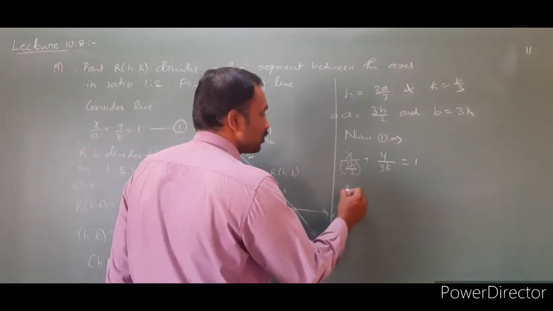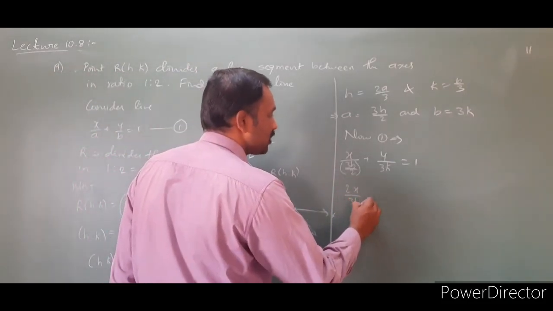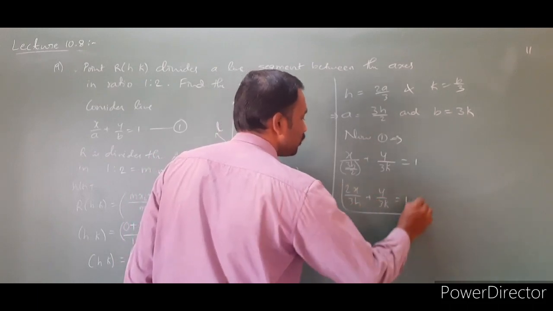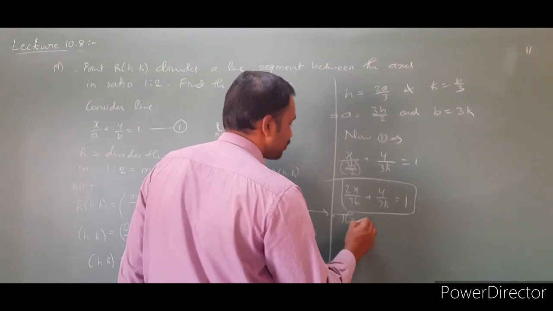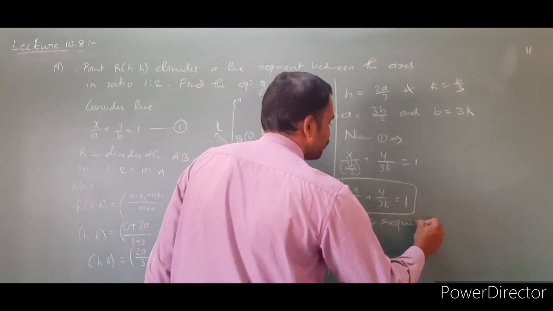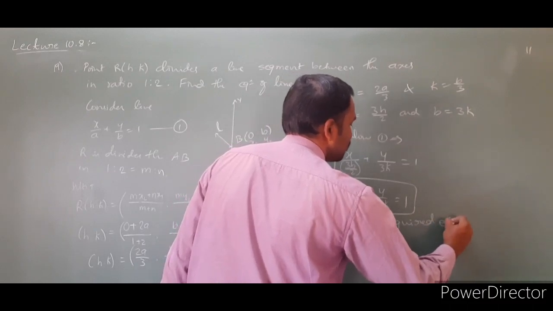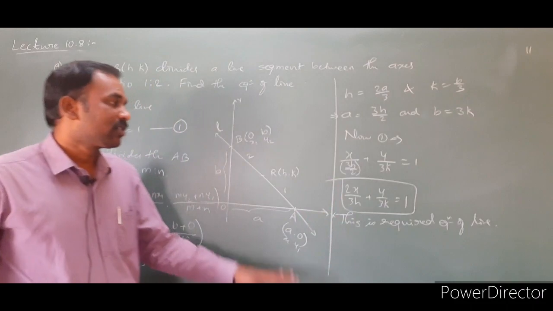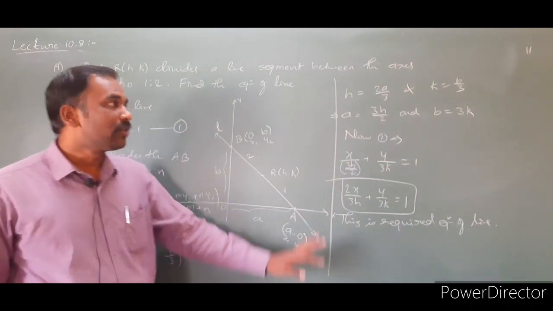Simplify. So 2x divided by 3h plus y divided by 3k is equal to 1. This is the required equation of the line. This is how we need to solve.